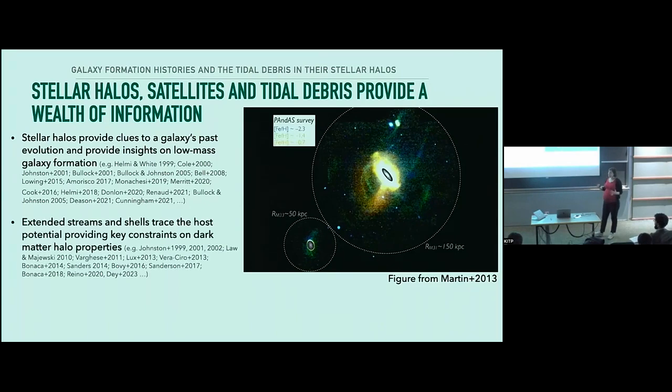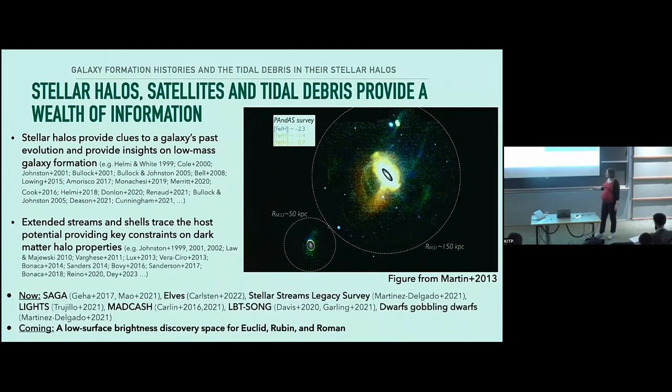A lot of what we know from dwarf galaxy evolution is based on the Milky Way satellites. Actually, the extended streams and shells that are in the stellar halo are tracers of the dark matter potential and provide measurements on the dark matter halo properties.